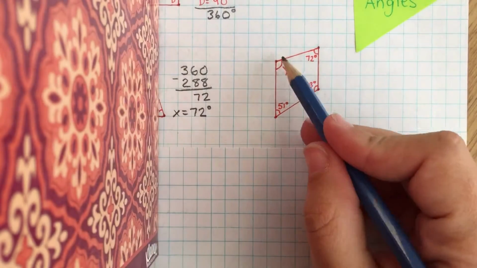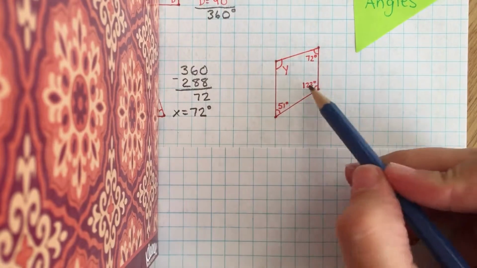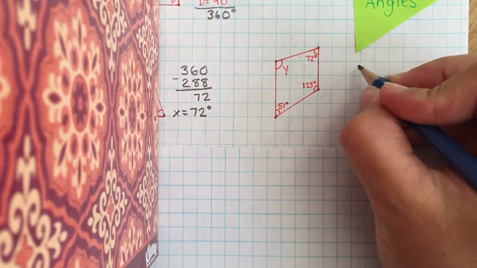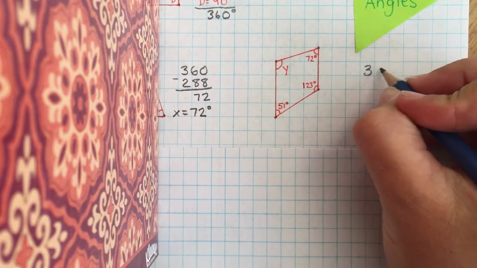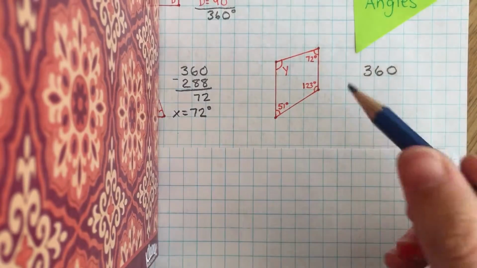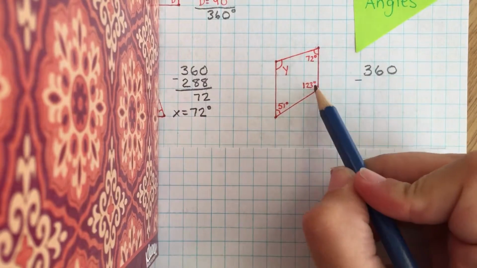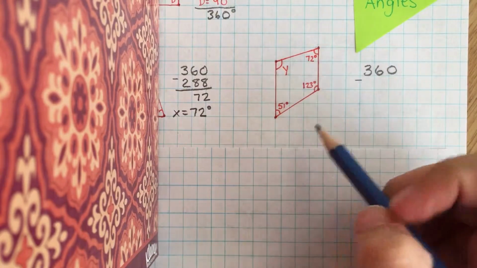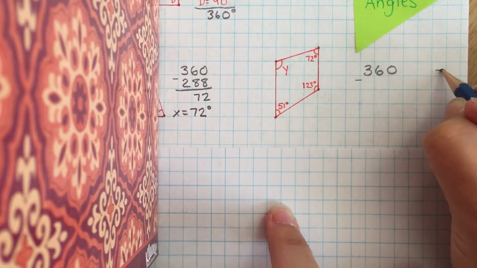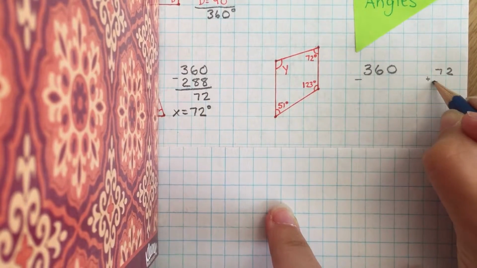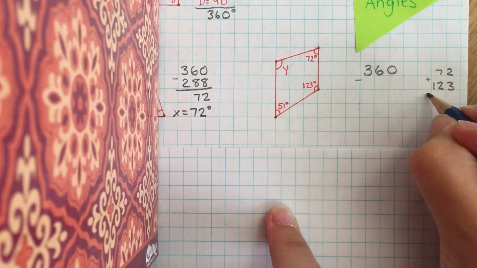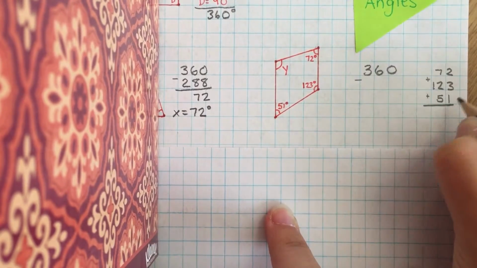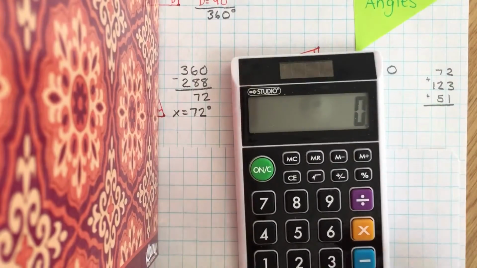In this problem, we're missing angle y. So again, I know the total of all my angles in a quadrilateral should be 360. And I need to subtract what I know. So in this case, these 3 angles. Maybe I'll find some space over here. 72 plus 123 plus 51. I can use my calculator to help me.